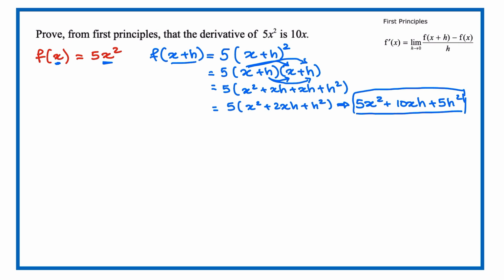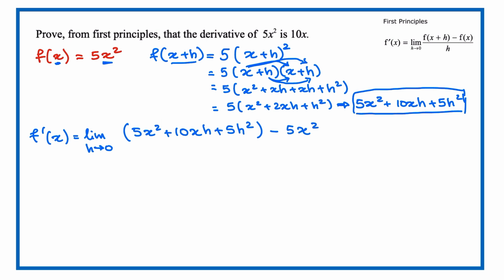Now let's substitute everything inside the formula. My f dash of x becomes equivalent to the limit as h goes towards 0, but not yet. I've got my f of x plus h, which I'm simply going to rewrite as 5x squared plus 10xh plus 5h squared, minus my f of x, which we defined earlier, which is my 5x squared.